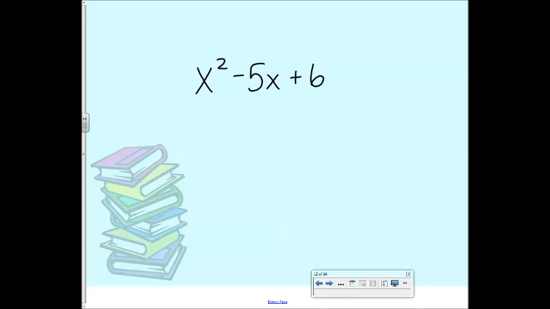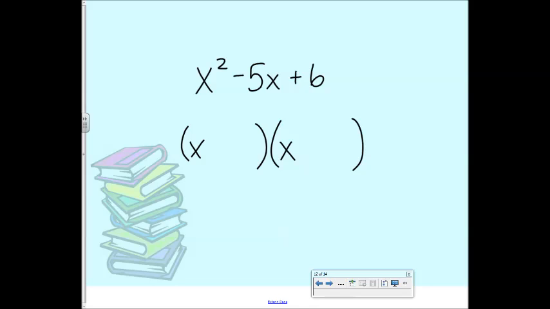All right. So what's happening in this one? The signs are different, because the 6 is positive, right? But the 5 is negative. So I'm still going to have x and x as my first one. Now I need a positive 6.